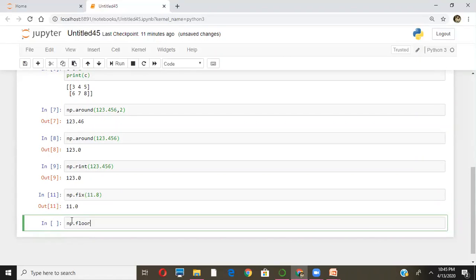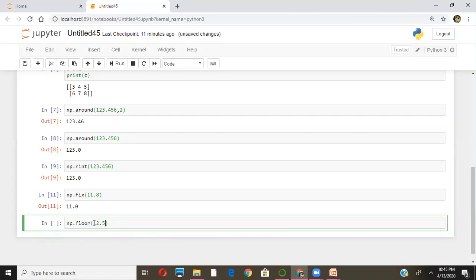np.floor. So in this floor, I'm just going to write 12.5. So in this case, what will be the answer? When I give 12.5, you know that 12.5 is a value that is lying between 12 and 13.